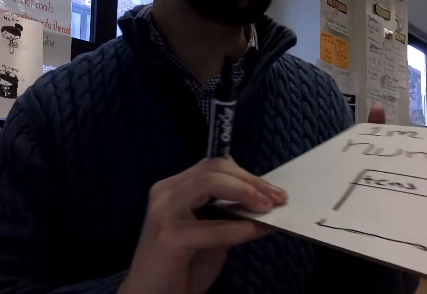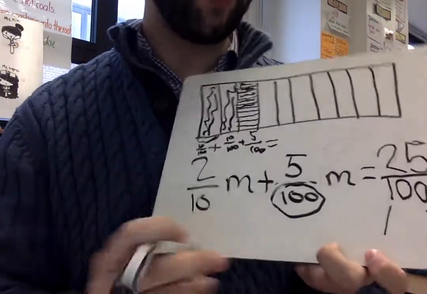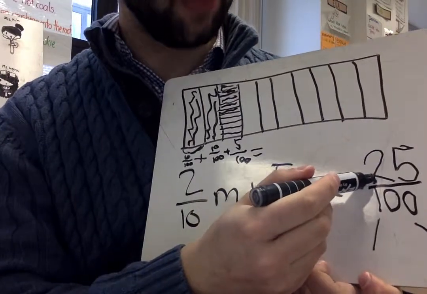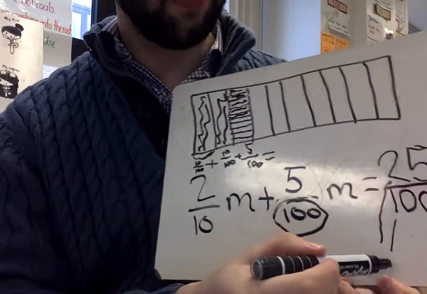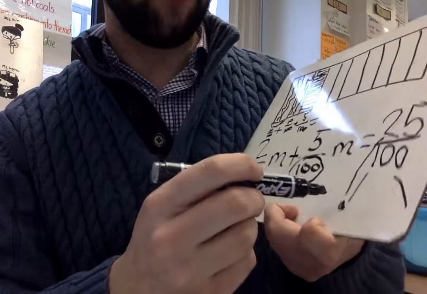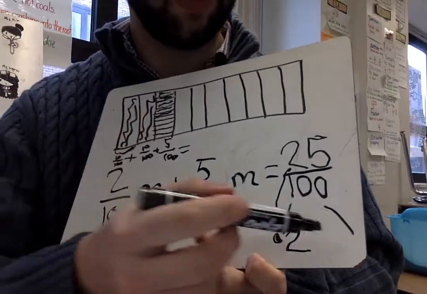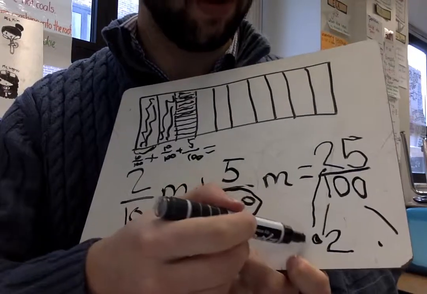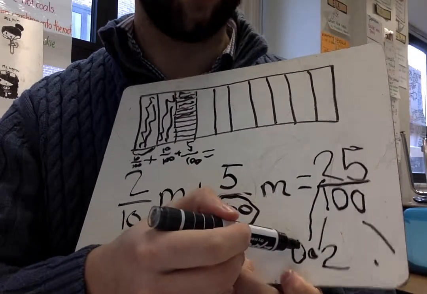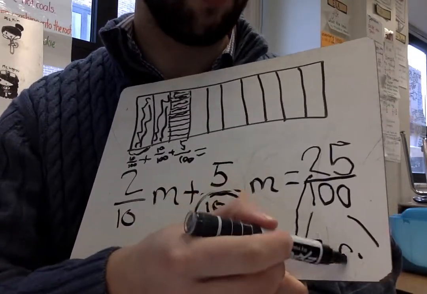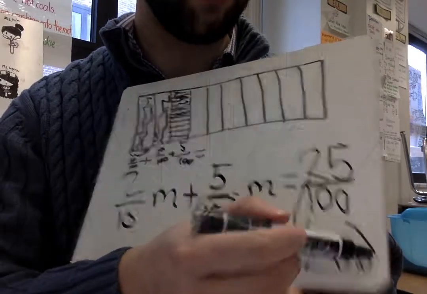So knowing that, I have 0.2 in my tenths place. So I would write 0.2 as the first part of my number bond. And the second part of my number bond would be, I'm going to put a 0 there just to show that I have 0 ones, 0.05.